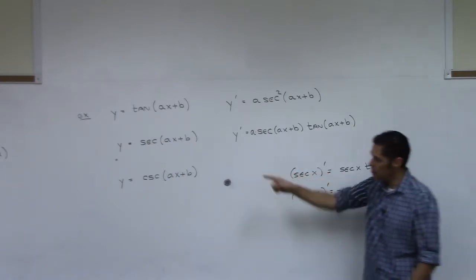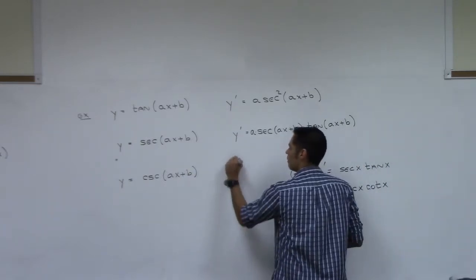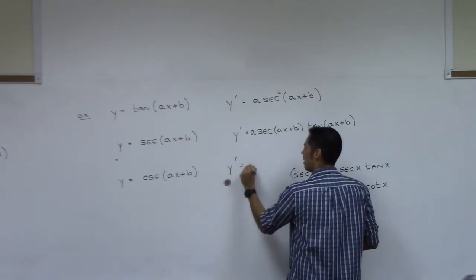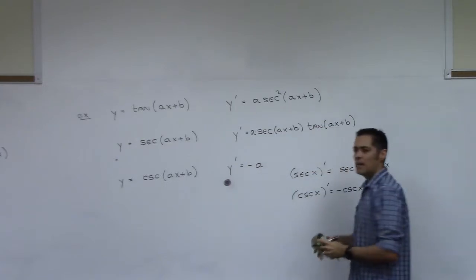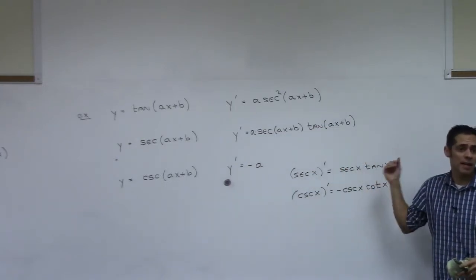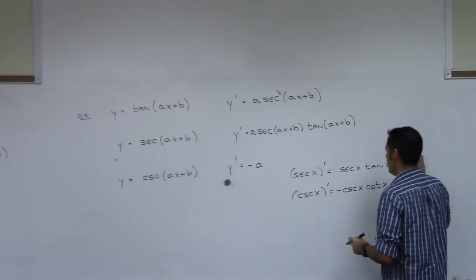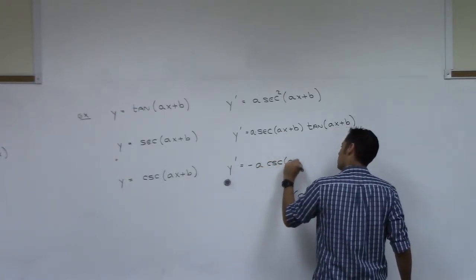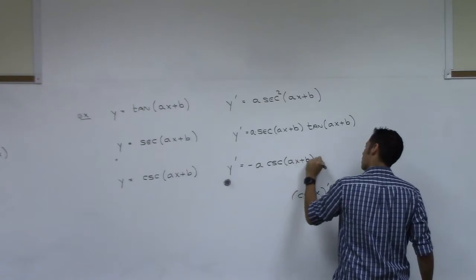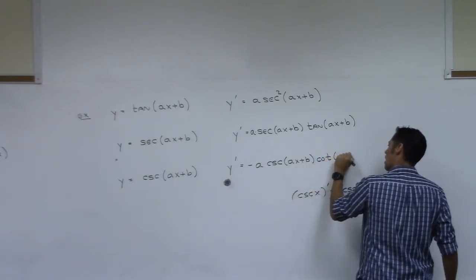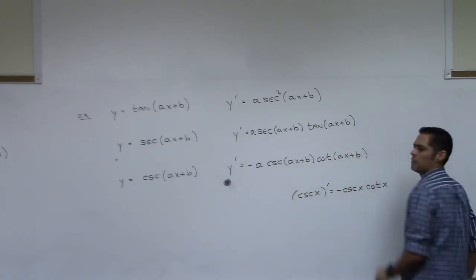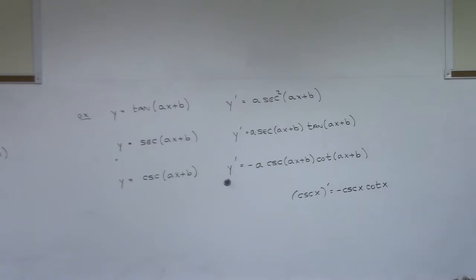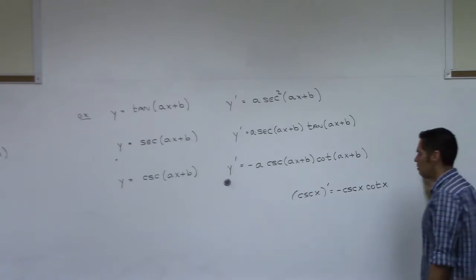Okay? So, what's the derivative of this? So we're going to get negative a. That negative a is popping out of that chain rule at the very end, but I'm moving it out to the front. And then what? Cosecant ax plus b, cotangent ax plus b. And just to be thorough, let's finish it off.